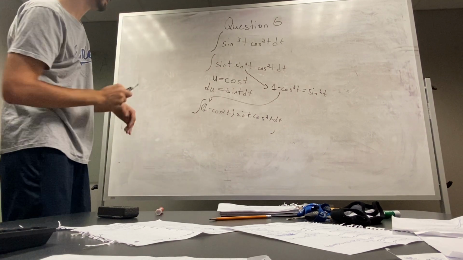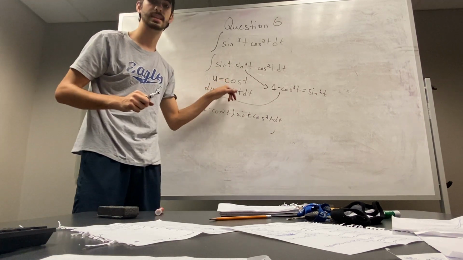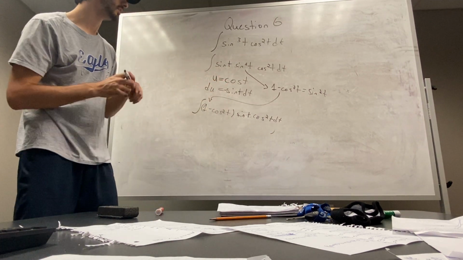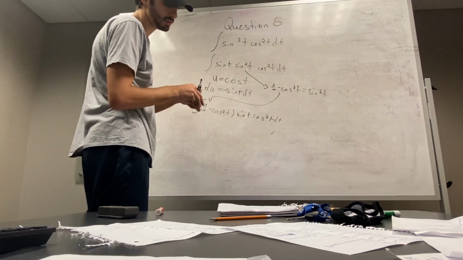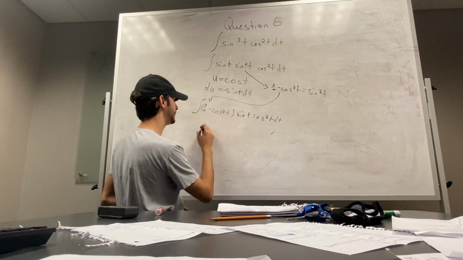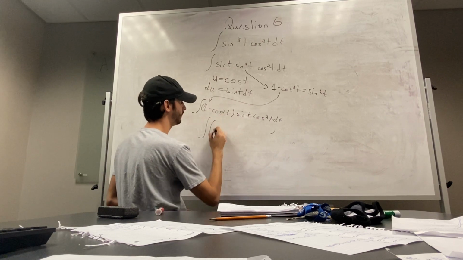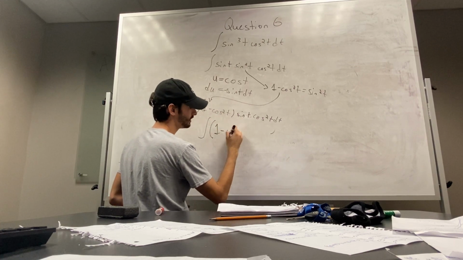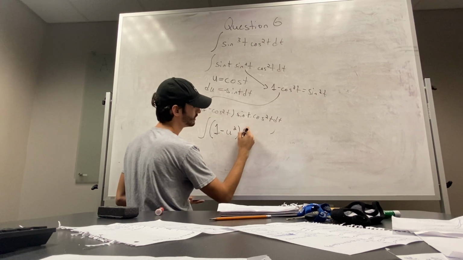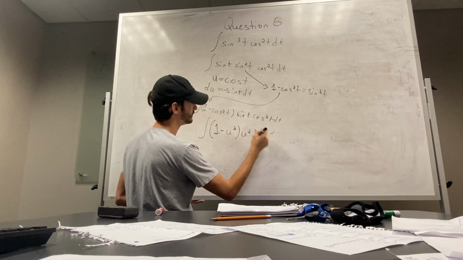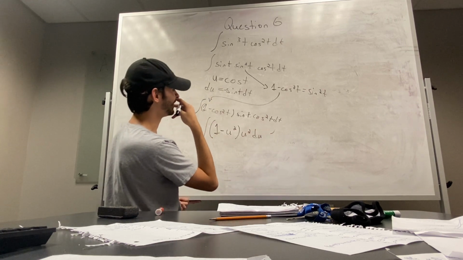Okay, cool. Now we're going to sub in these values right here into our equation. So what we're going to do now is we are going to have the integral of 1 minus u squared times u squared du.